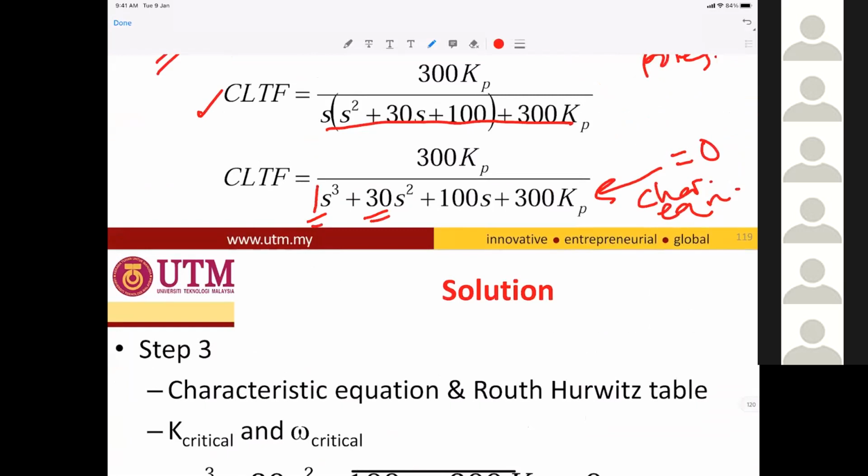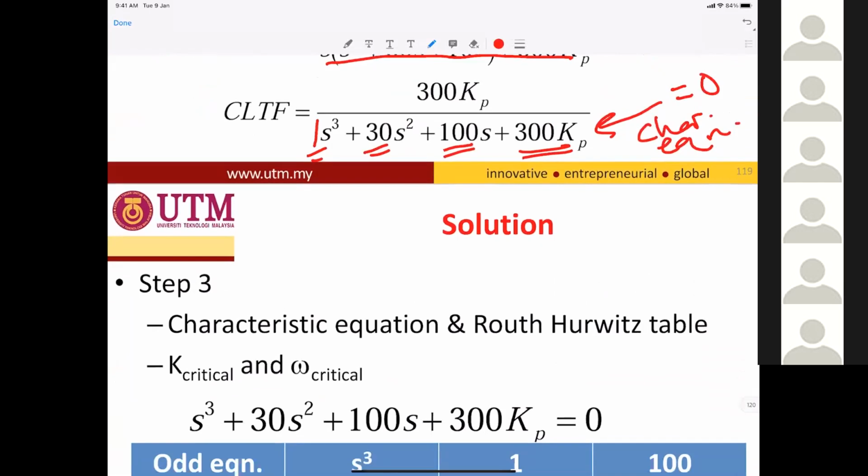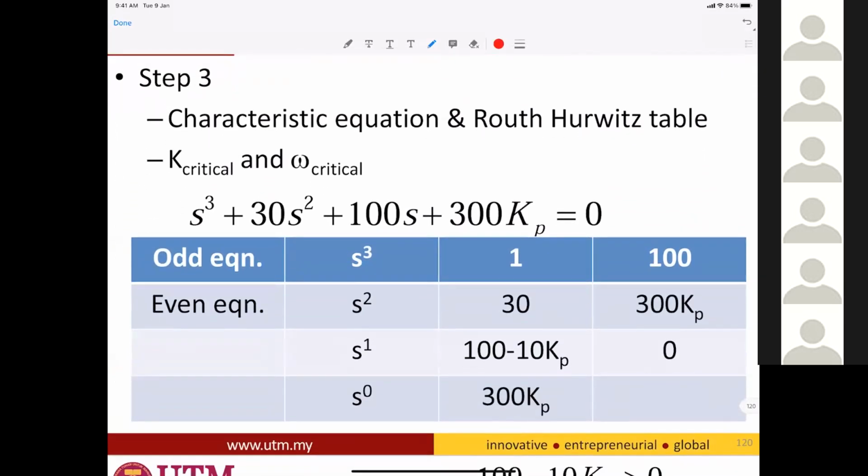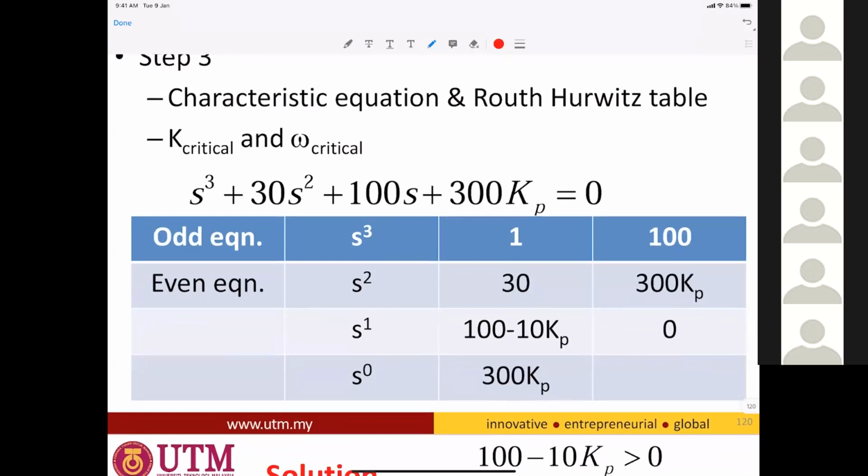30, 100, and 300 Kp. So we insert into the, what is the name of this table? The Routh-Hurwitz table, in order to find the Ku and omega u, or K critical and omega critical.